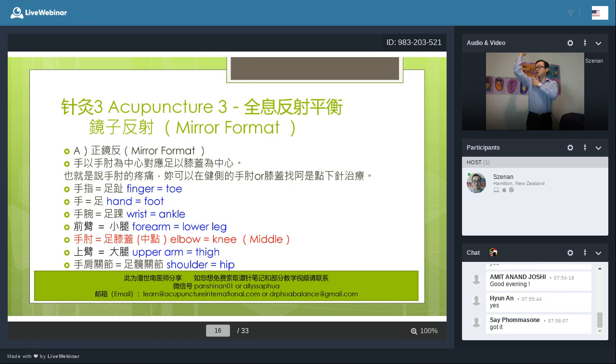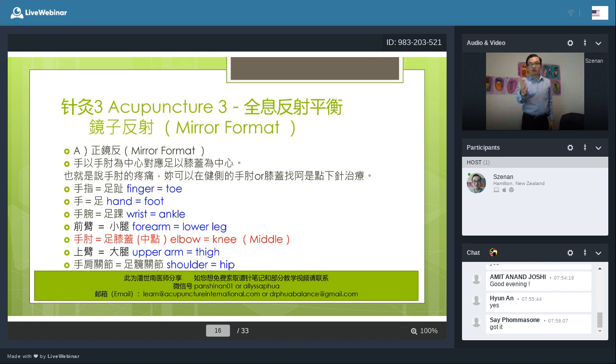Now this side of the joint, the shoulder joint, is lower than your elbow. So the lower joint on this side, treat the lower joint of the other side. So this joint, which is the left wrist joint, is lower than the elbow, lower than the center on that side. So this lower joint, treat this side of the lower joint. So that's how you treat.